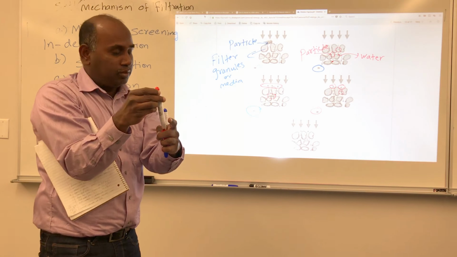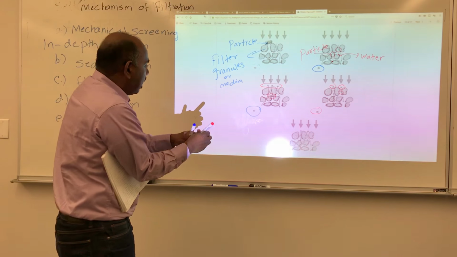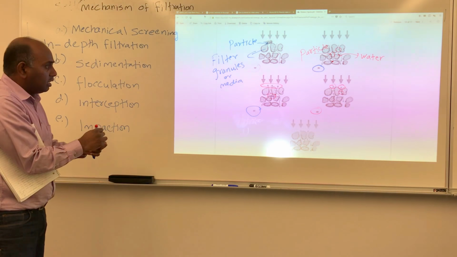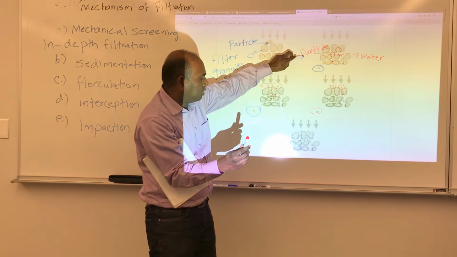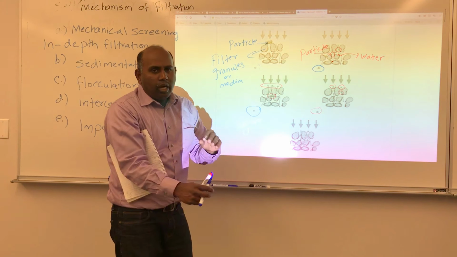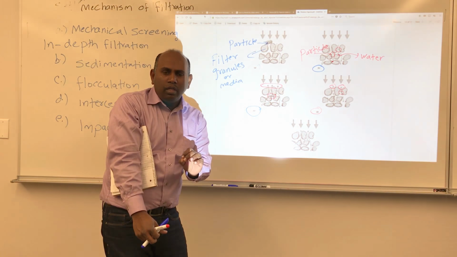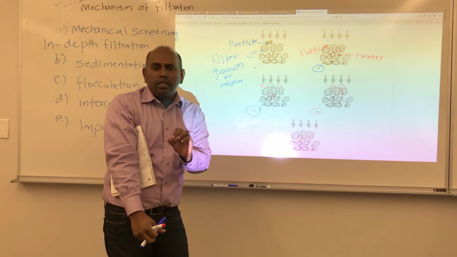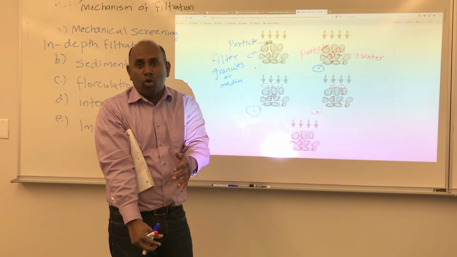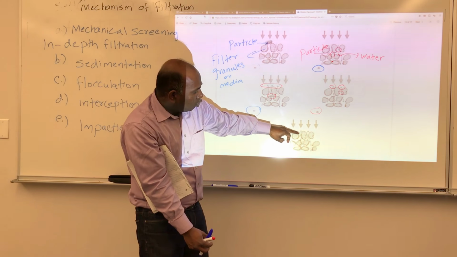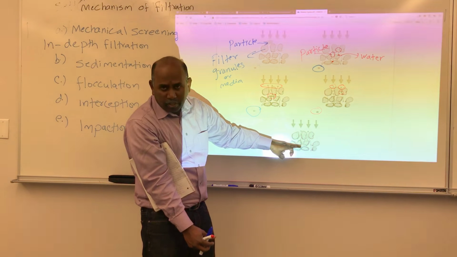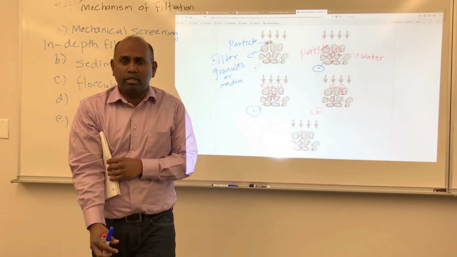That is called interception. Now the last one right here, which is called impaction, is similar to sedimentation, except that the particles are small, they can travel, but they're heavy to the extent where they can't travel as fast as water. So they flow with water to some extent, and then they hit the filter granules and get trapped there.